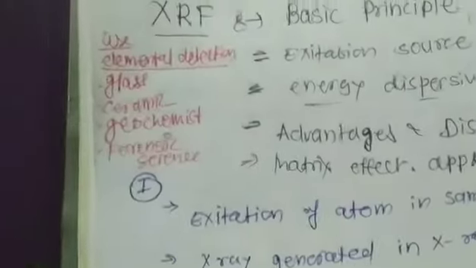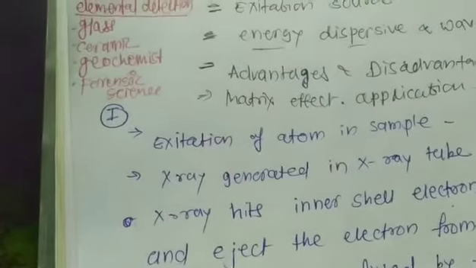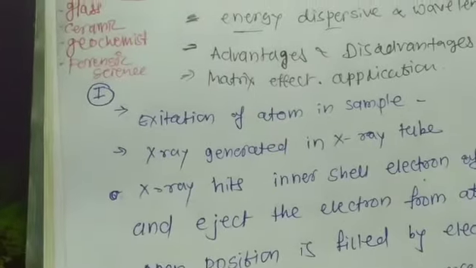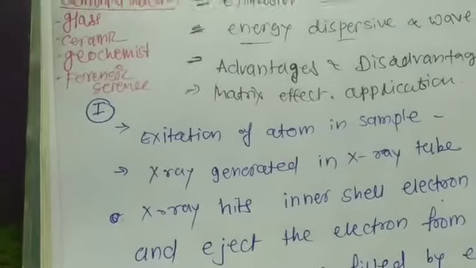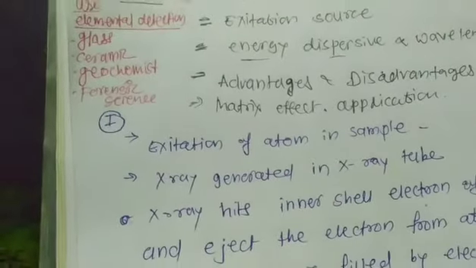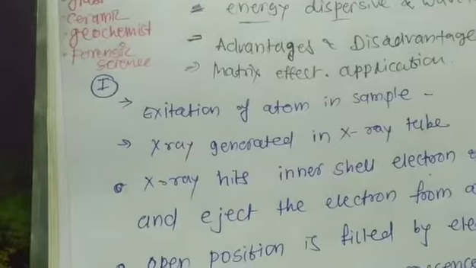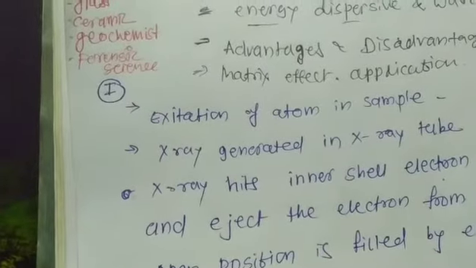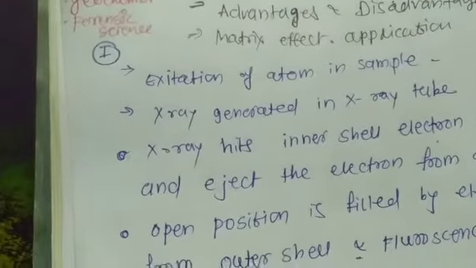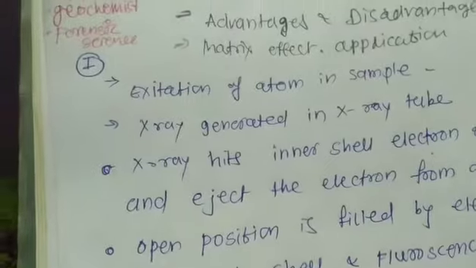So in X-ray fluorescence, when an element is placed in a beam of X-rays, the X-rays are absorbed, the absorbing atom becomes excited and emits X-rays. So this is the main general principle of X-ray fluorescence.